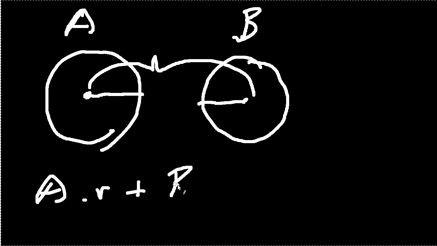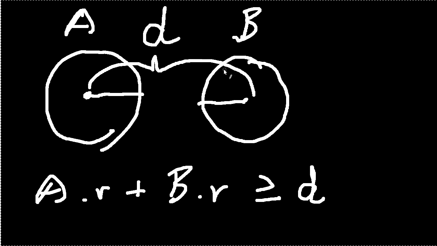So this is circle A, this is circle B. A dot radius plus B dot radius, if they're colliding, will be greater than or equal to the distance D. So this is if they collide.